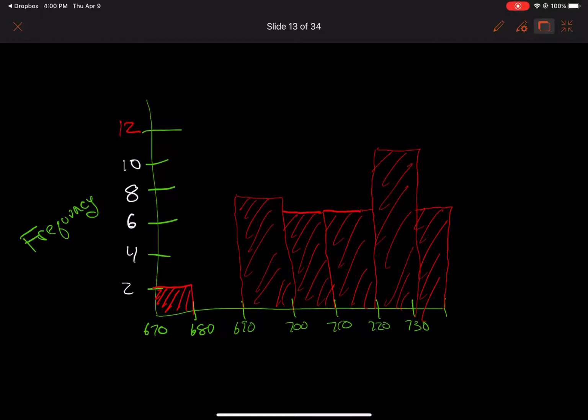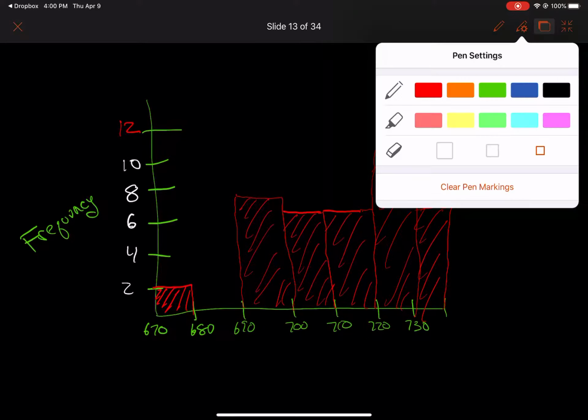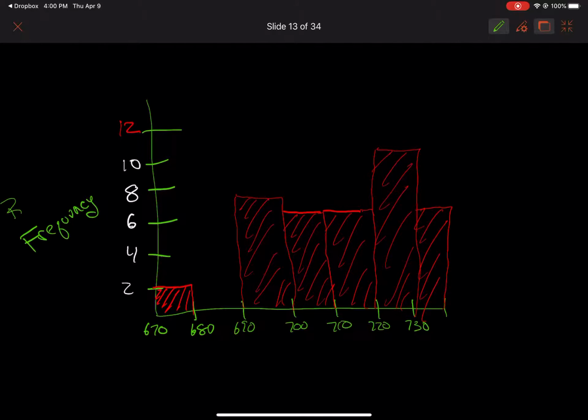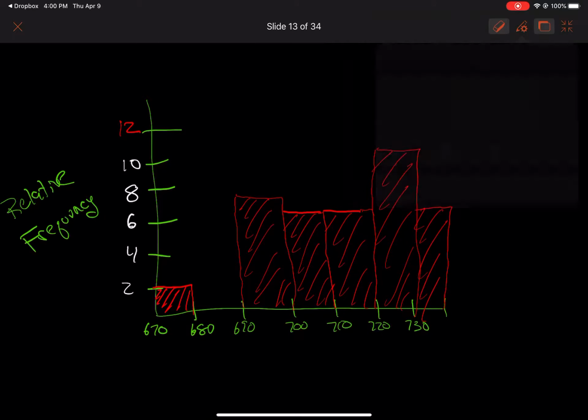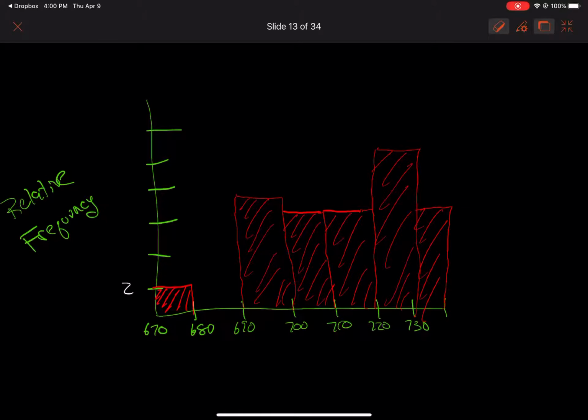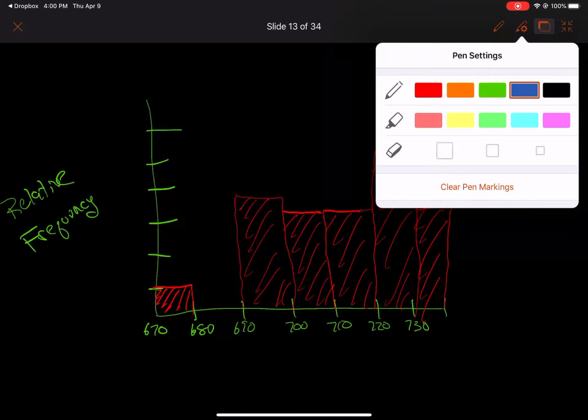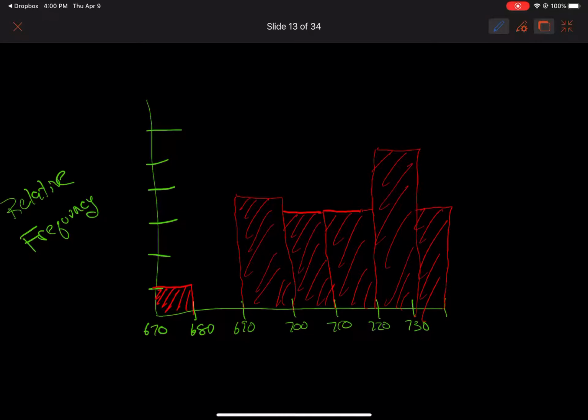Now, if I'm making a relative frequency histogram, the only difference is I have the relative frequency on this side. So this would be a relative frequency, and your y-axis would be your decimals. So let me change this. My y-axis over here would be my decimals instead.